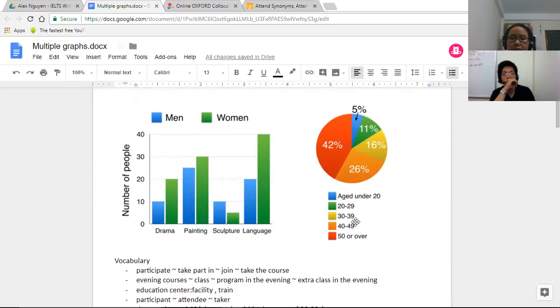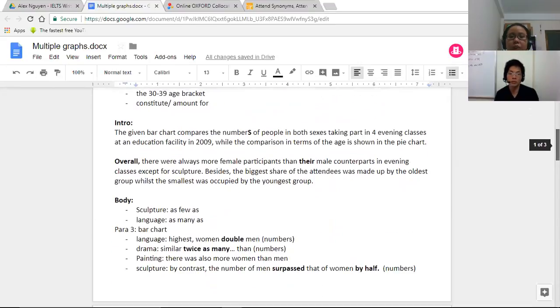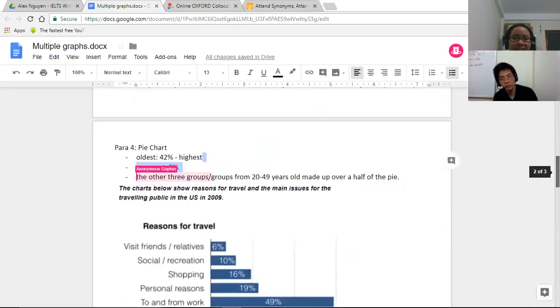For example, instead of saying the other three groups, you say the groups from 20 years old to 49 years old. So you have to describe the age numbers here, because you cannot just say the other three groups. It's not very clear, right? Moreover, we haven't listed out the ages. So if we say the other three groups, people do not know what we are talking about.